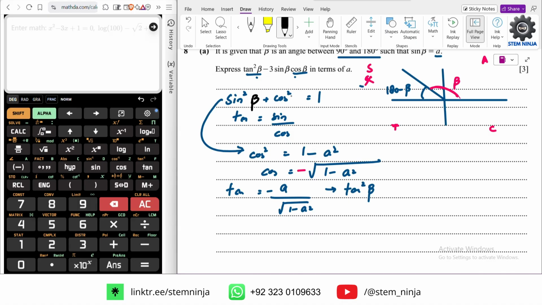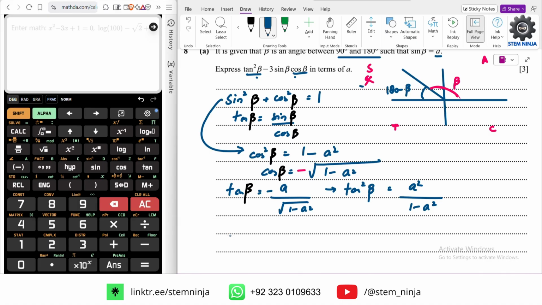So beta, and yeah, we already have that. Okay. This would be A squared over 1 minus A squared, and the minus will take care of itself.